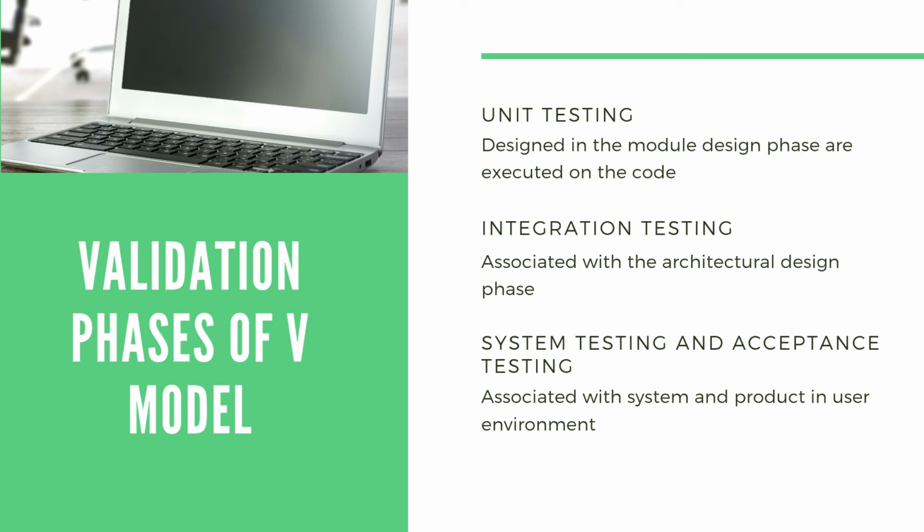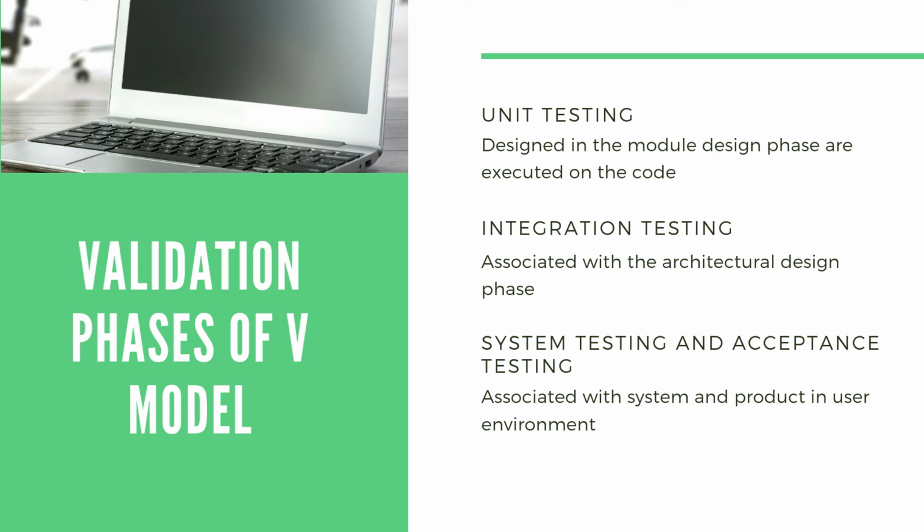Then integration testing, which is associated with the architectural design phase. System testing is directly associated with the system design phase. Then acceptance testing. This testing is associated with the business requirement analysis phase and involves testing the product in the user environment.